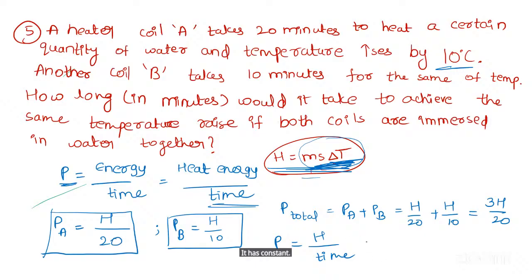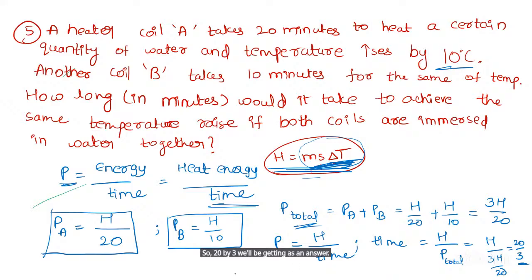So time is equal to heat energy by power, and the total power is 3H by 20. So 20 by 3 we get as the answer. Clear, ma'am.